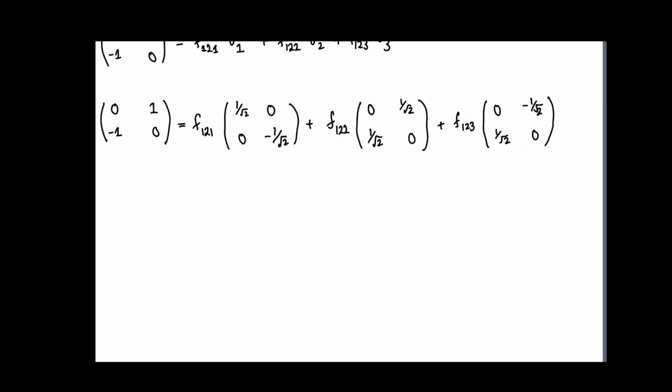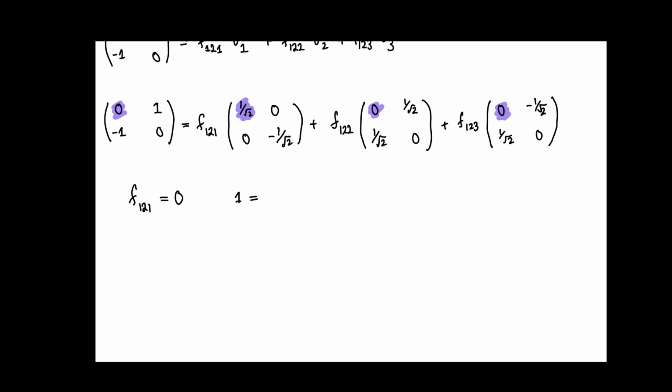So if we now look at the first element in each of these matrices, we have 0, 1 over root 2, 0, 0. So we have 1 over root 2 times some constant plus 0 is going to be equal to 0. That means we know that f121 is going to be equal to 0. This now leaves behind 1 is equal to 1 over root 2 f122 minus 1 over root 2 f123.